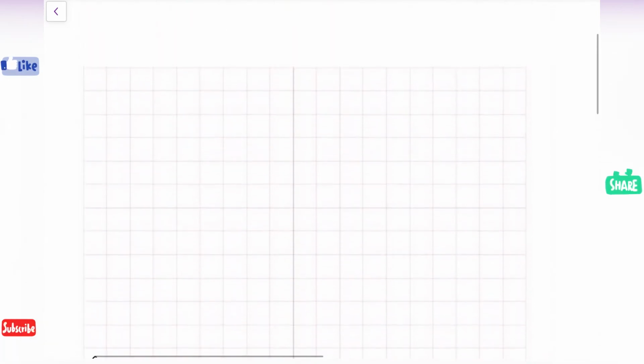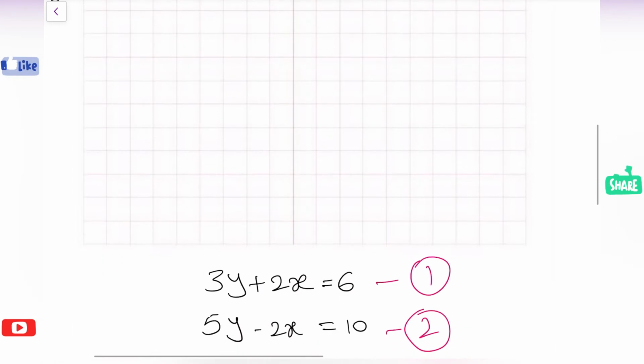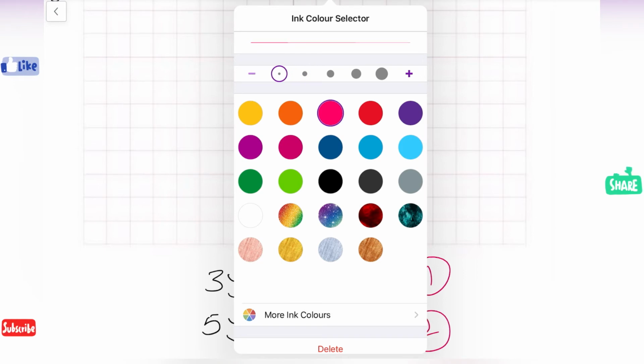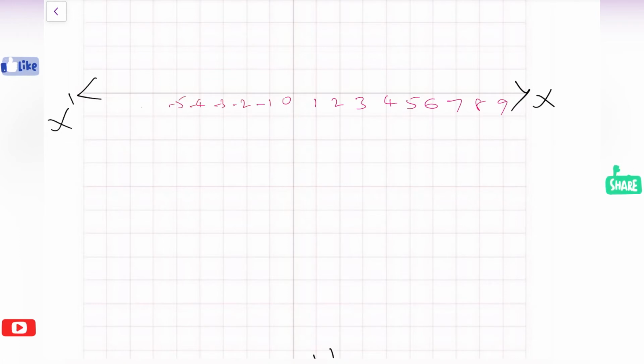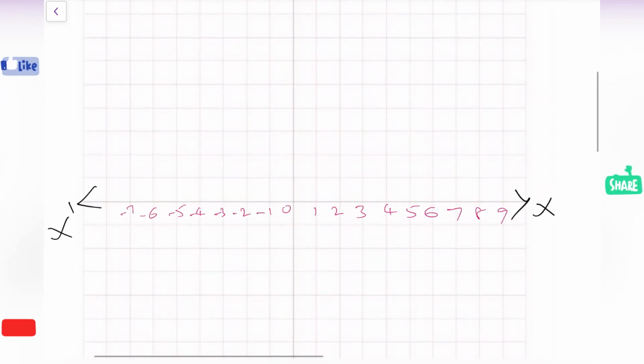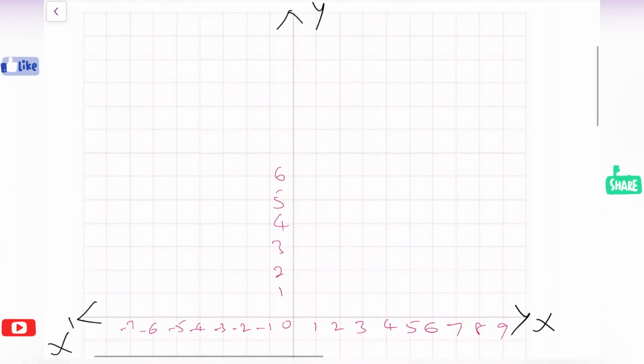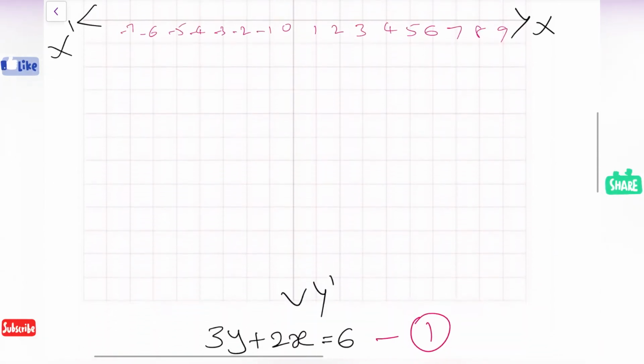This is x axis, this is x dash, and this is y axis, this is y dash. Let us write all the numbers. Origin, 1, 2, right side all positive numbers, negative side, sorry, left side negative numbers, up positive, down negatives.